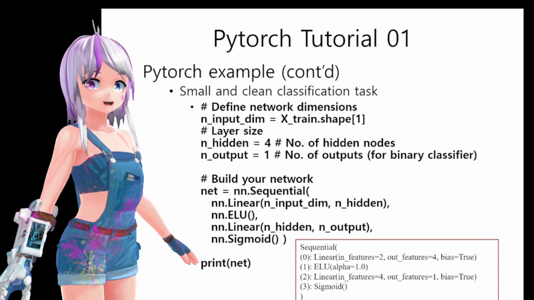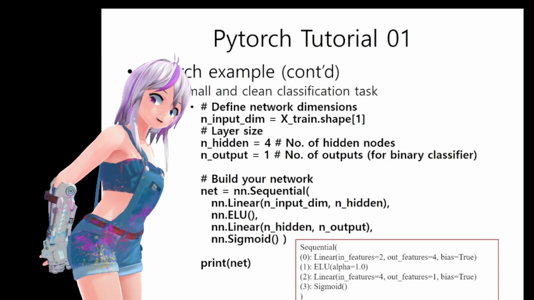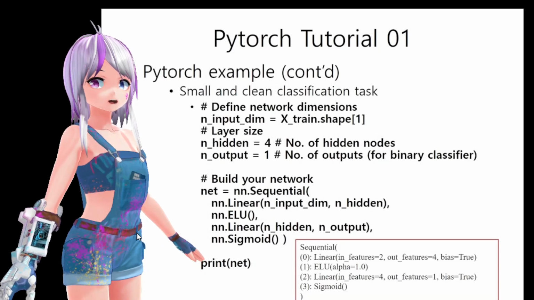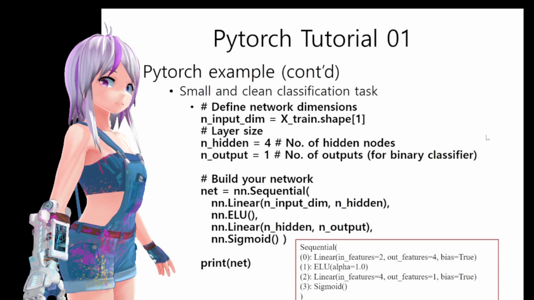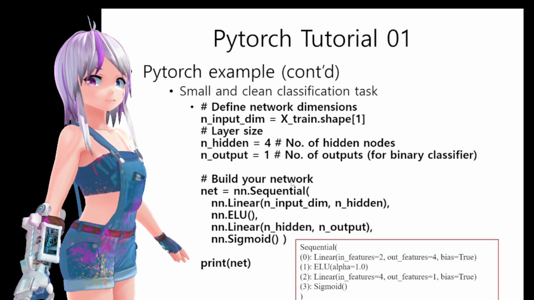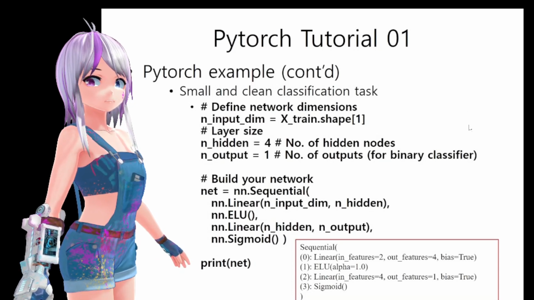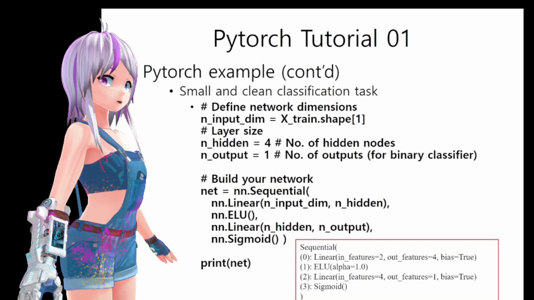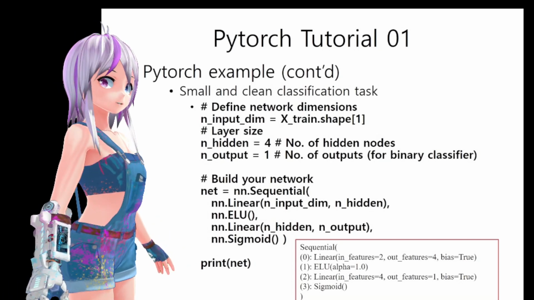The number of hidden units is 4 and the number of output units is 1, and after that we have a sigmoid function, a very simple one. Now this print command, print net, will show you the network structure in the red box. Here 0, 1, 2, 3 are the indices of the layers.